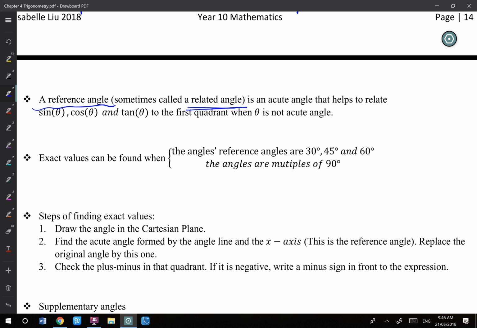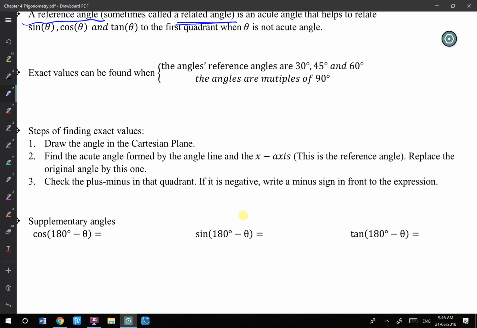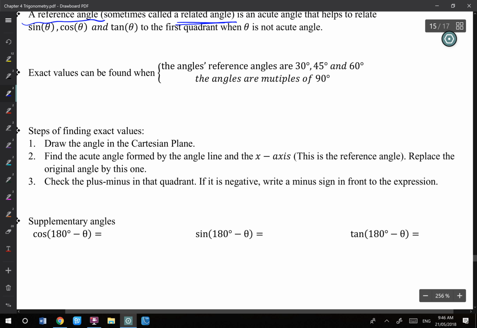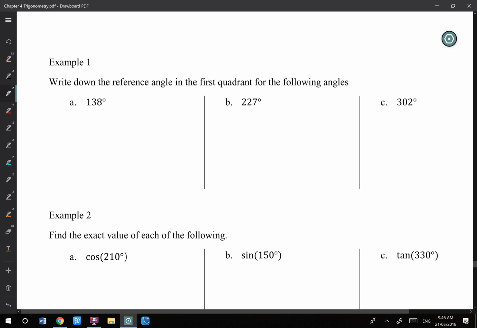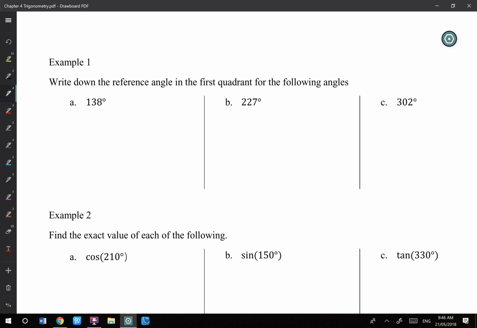So how do we find the reference angle? Reference angle is to draw the angle line in the Cartesian plane. Let's do the reference angle for 138. For example, find the reference angle in the first quadrant. So let's have a think. 138, can you draw this out and tell me which quadrant that's in?